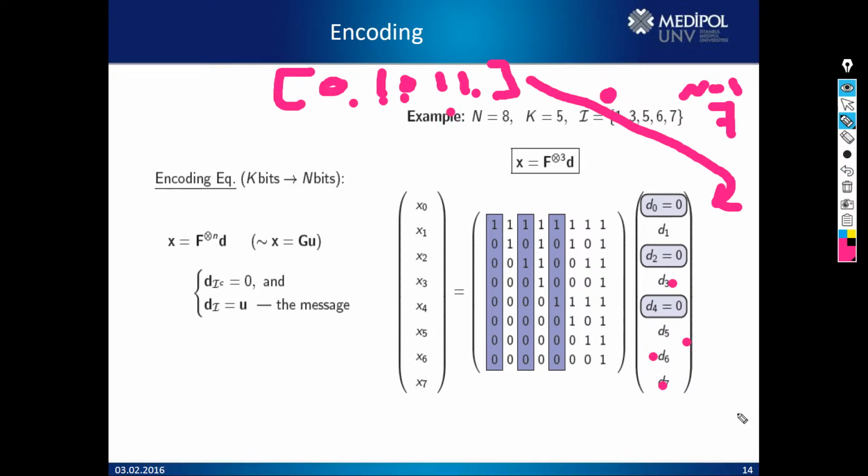And then you encode, you multiply it with the kernel. As you can see, since you have some zeros here, these columns will not contribute anything. Your multiplication process will be deactivated at these positions, which reduces the complexity of your matrix generation.